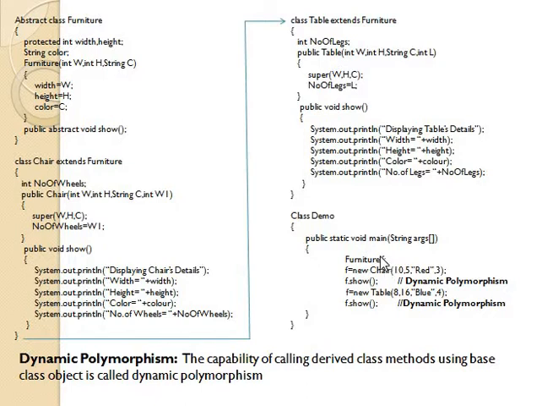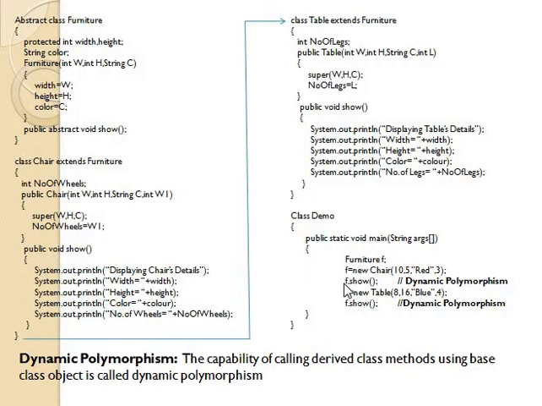Once the object f has been created from the base class furnisher, in the next line this object f is instantiated with the derived class chair, that is this class, with the values 10, 5, red and 3 belonging to the arguments wh, c and w1 respectively for the derived class constructor chair.